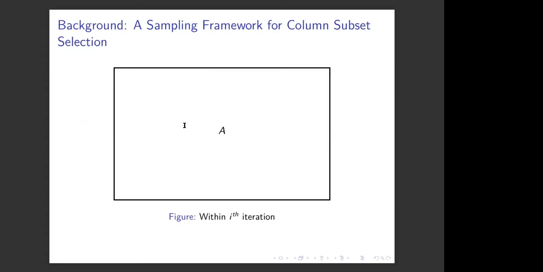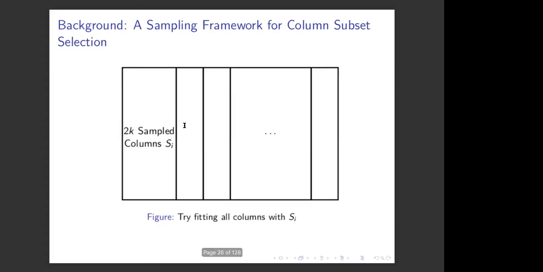So here you have your matrix. And now from that matrix, you sample 2k columns uniformly at random. So here is your uniformly random subset of columns. And here are all the remaining columns. So for each of these columns, you try to fit it using this subset of columns. So you perform L1 regression on each of these columns using this subset of columns.